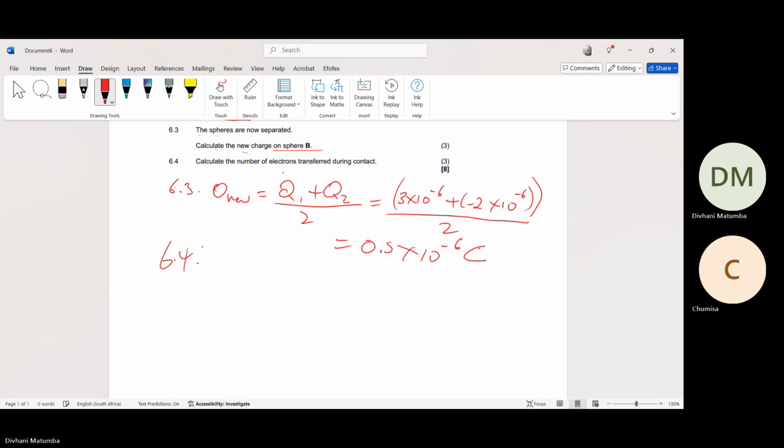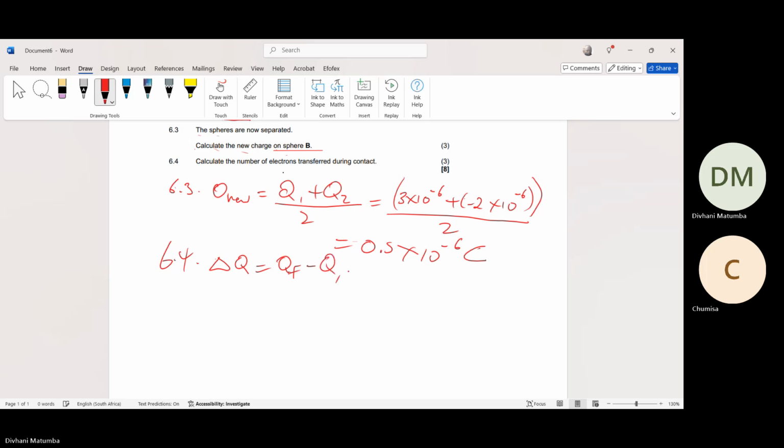6.4. Calculate the number of electrons transferred during the contact. I think we're going to use the change in Q is equal to Q final minus Q initial.